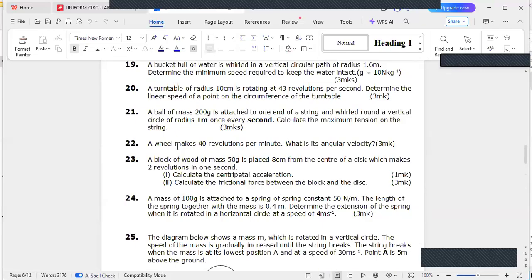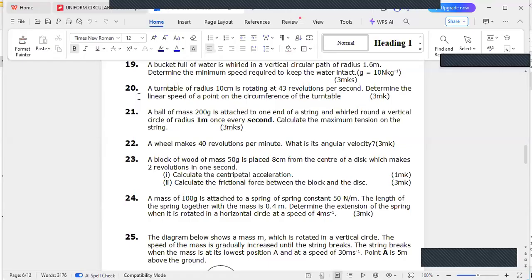Yes, number 19. A bucket full of water is whirled in a vertical circular path of radius 1.6. Determine the minimum speed required to keep the water intact. In that case, you will do minimum speed V equals the root of Rg.